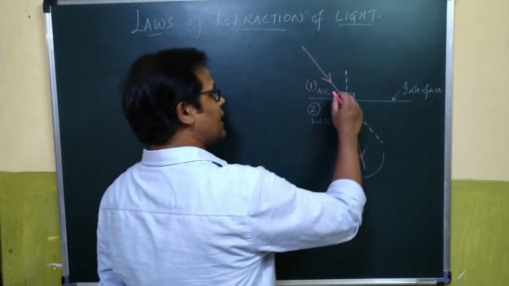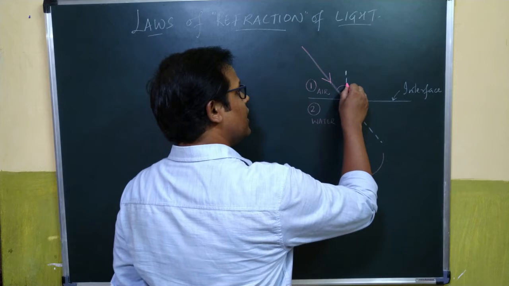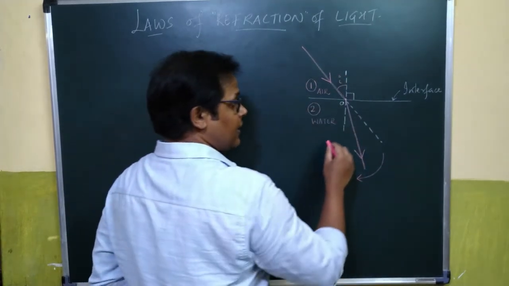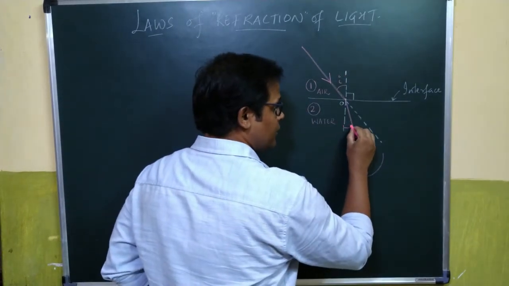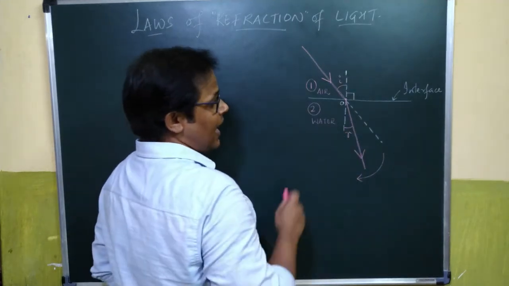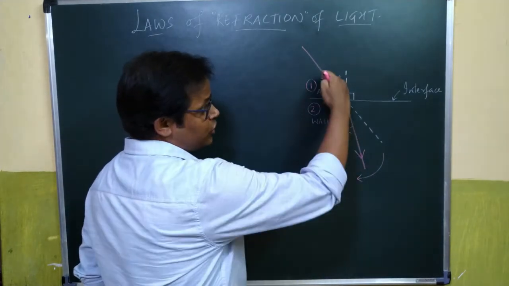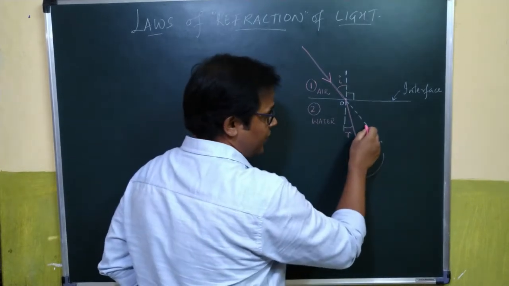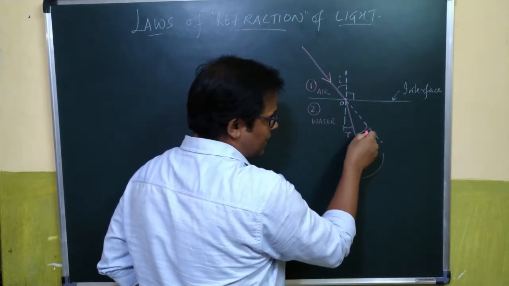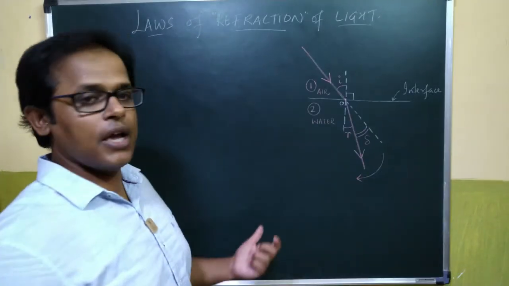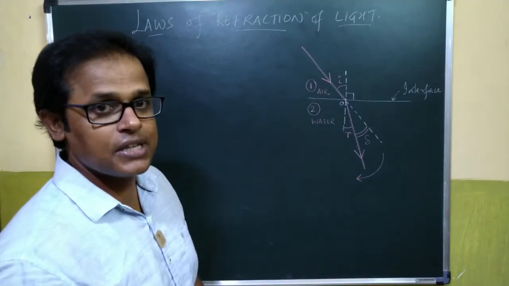something like this. The angle between the incident ray and the normal is called the angle of incidence. The angle between the normal and the refracted ray is called the angle of refraction. And the angle between the original direction of the incident ray and the actual refracted ray, this tiny bit of angle, is called the angle of deviation, which I have already discussed in my previous class.